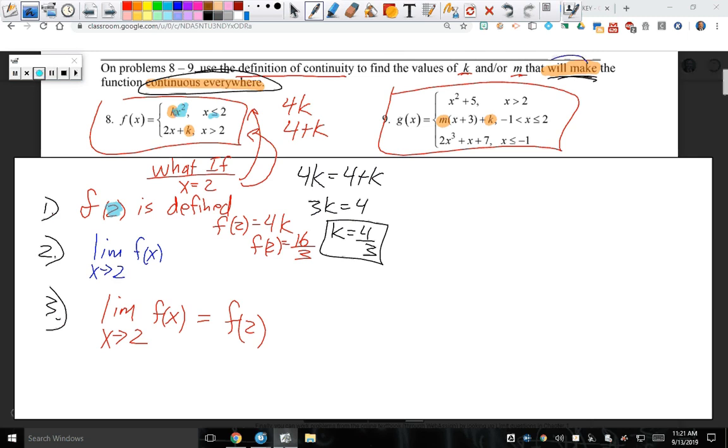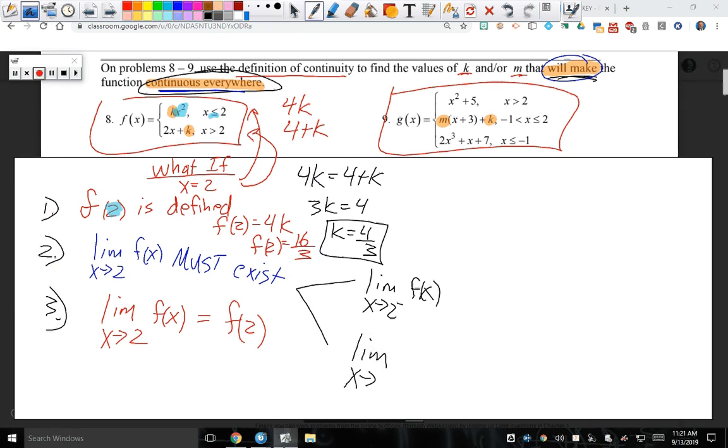And that's over here. And for it to exist, I need both one-sided limits to exist. So I need the one as you approach 2 from the left, and I need the one as you approach 2 from the right. Now, if I'm approaching from the left, it's the ones that are less than 2.